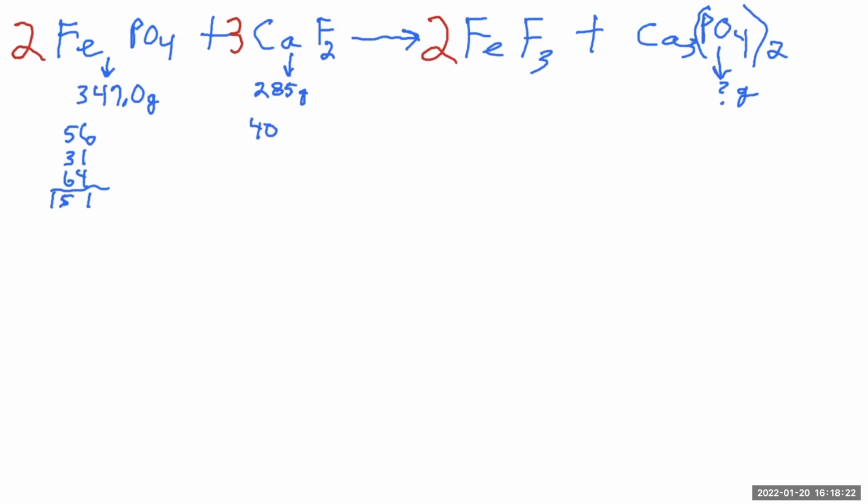Oh, we have two, sorry. Yep, we have two fluorines, and fluorine is 19. So that's 38, right? We have two of them, so a total of 78, plus 40. That's the molecular weight.